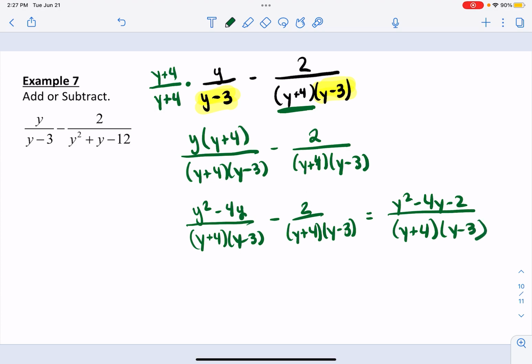And I don't think we can. No, there's no way to simplify that top, meaning I can't factor that at all. So this is what our answer is.